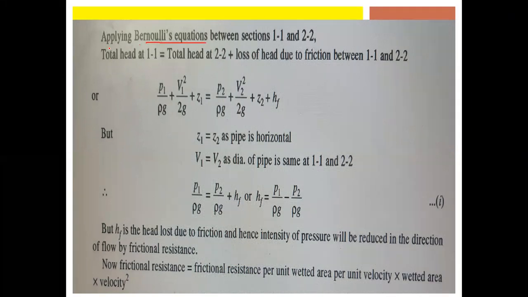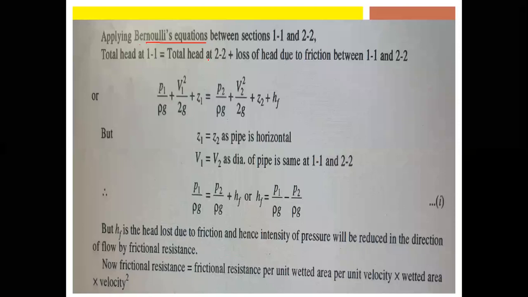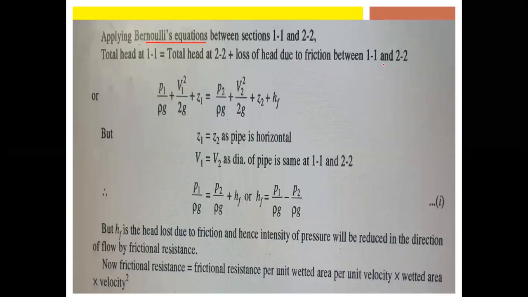Pressure energy plus kinetic energy plus datum head. So pressure energy plus kinetic energy plus datum head at section 1 is equal to pressure energy plus kinetic energy plus datum head at section 2 plus head loss. So like this, whenever you are applying, total head at 1 is equal to total head at 2 plus head loss between 1 and 2.